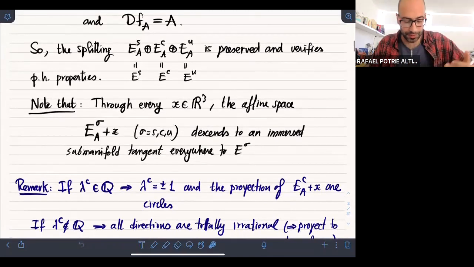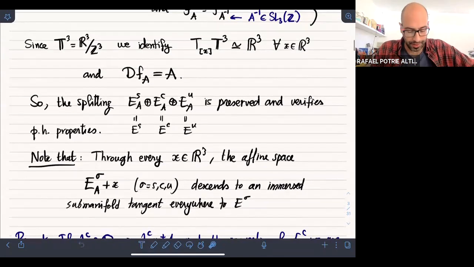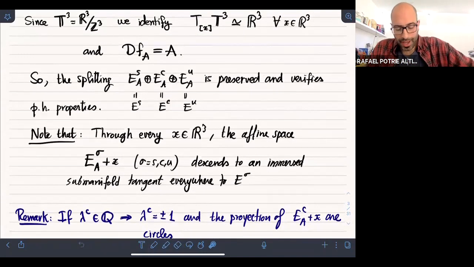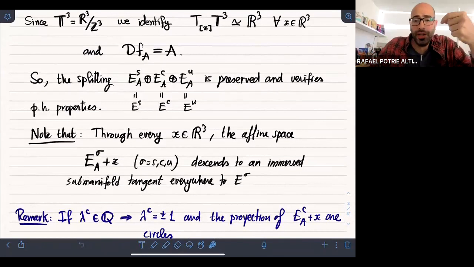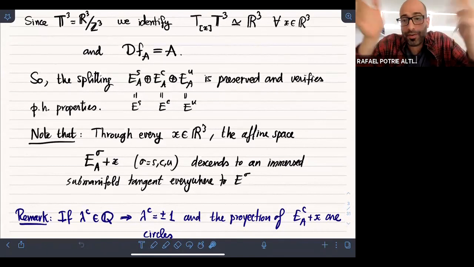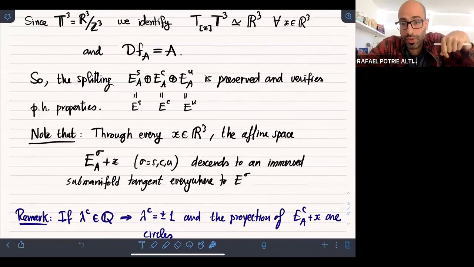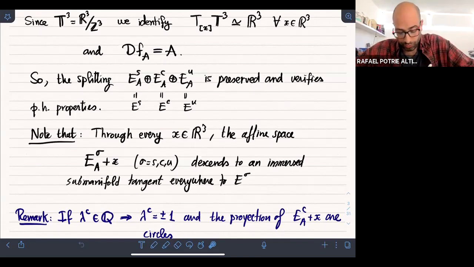One relevant thing to say is that through every X in R3, the affine space corresponding to an eigendirection, even though it lives in the tangent space, since it's a vector space, you can project it to the manifold, and this projects to an immersed submanifold, which is everywhere tangent to E sigma.